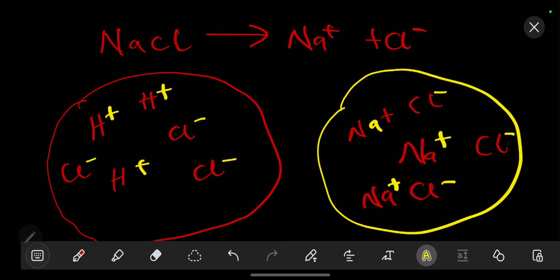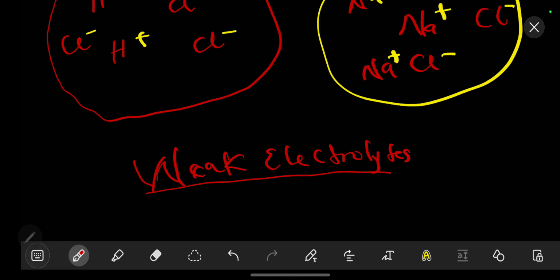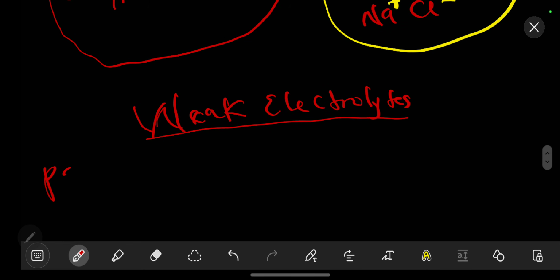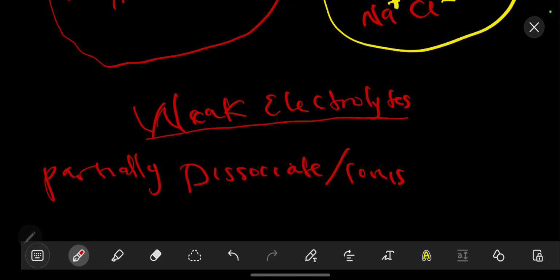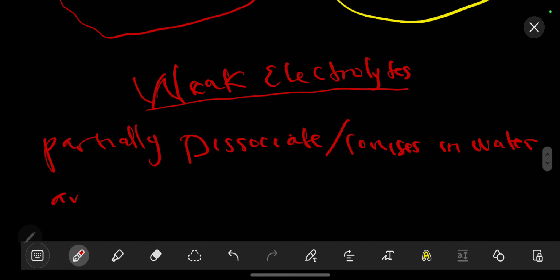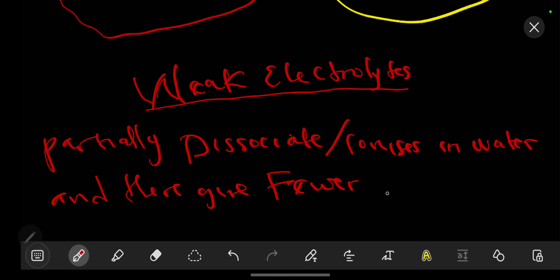Weak electrolytes, on the other hand, partially dissociate or ionize in water, and therefore give fewer ions.